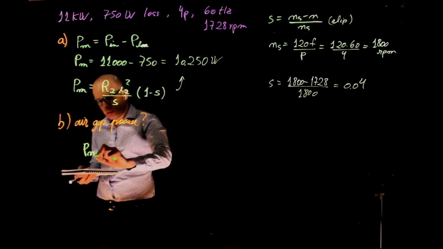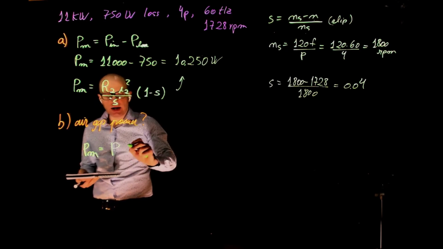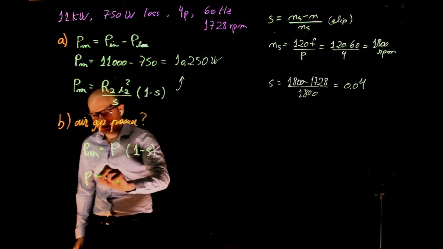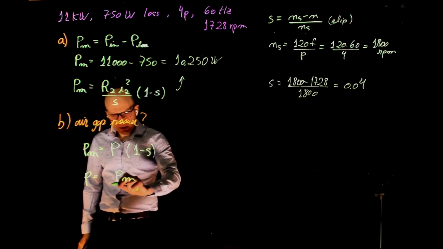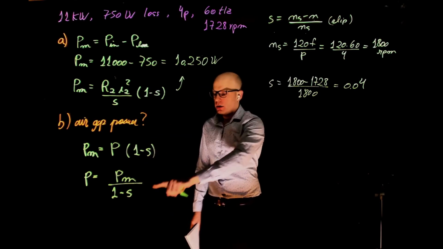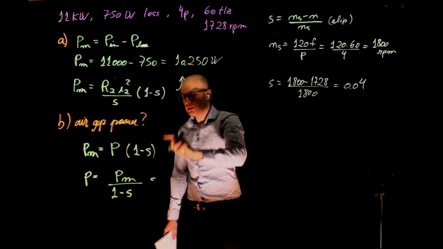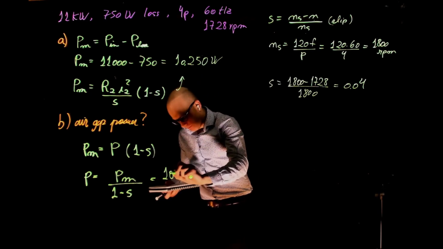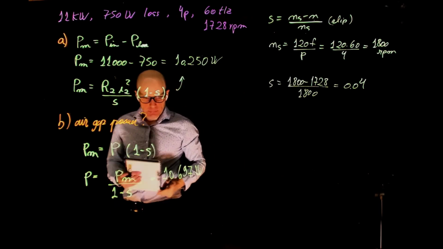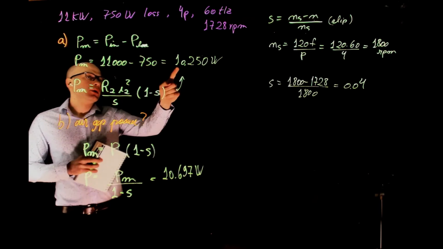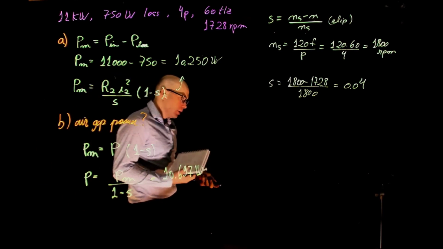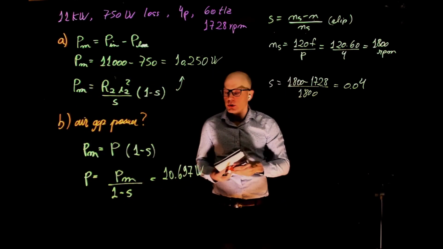PM is the power that crosses the air gap times 1 minus S. So the power that crosses the air gap is simply PM over 1 minus S. PM is given here, S is given there. We can replace those values, and this gives 10,697 watts. Mechanical power and power that crosses the air gap are different because part of that was dissipated in the rotor copper loss, which is question C.